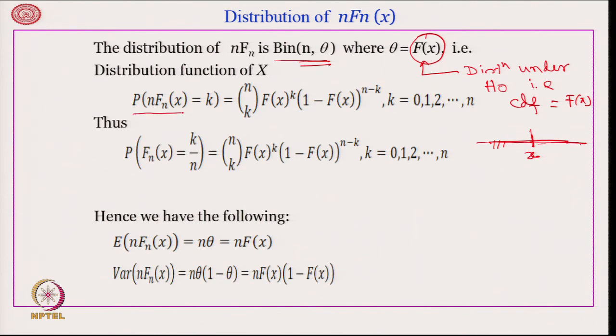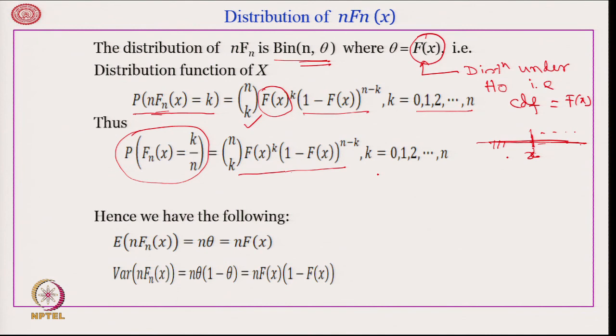Therefore, the probability that n Fn(x) is equal to k is, out of n we are choosing k, that is nCk, with probability F(x) to the power k because they are less than or equal to x, and 1 minus F(x) to the power n minus k because they are falling here, where k is equal to 0, 1, 2 up to n. Therefore, the probability that Fn(x) is equal to k by n, I am just dividing both sides by n, is nCk F(x)^k (1 minus F(x))^(n minus k).